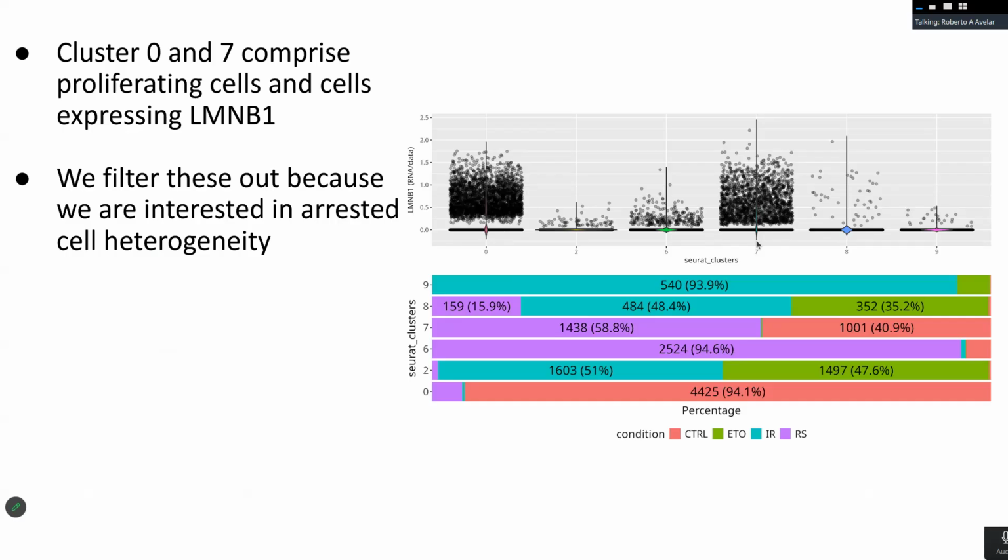Cluster 0 and cluster 7. And when we look at a breakdown, the majority of cluster 0, 94% of the cells, are proliferating, and in cluster 7, roughly 40% of these cells are meant to be proliferating. So I decided to throw out cells in cluster 7 as well, because these cells are replicatively senescent.